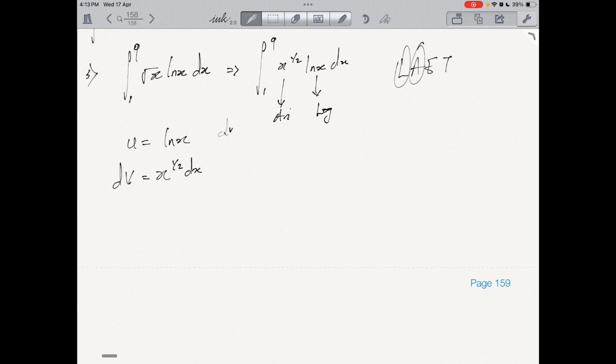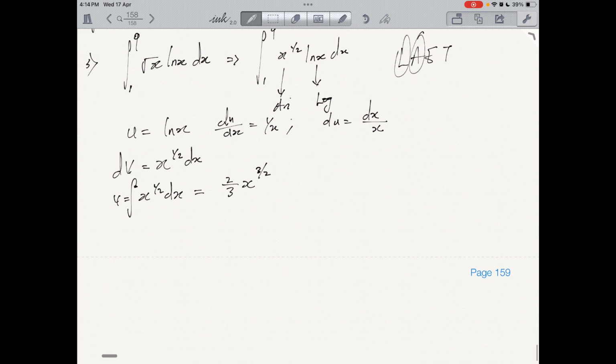Then du/dx is 1 over x, and du will be dx over x. And in this case, our v is equal to the integral of x raised to power half dx, and integrating x raised to power half with respect to x, we will have 2 over 3 x raised to power 3 over 2.